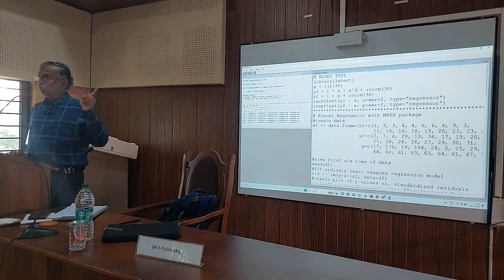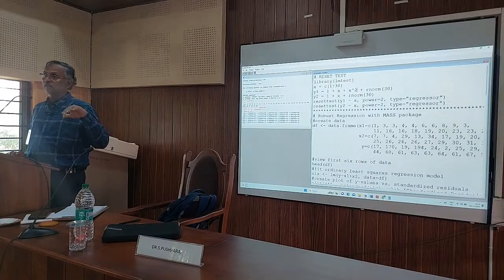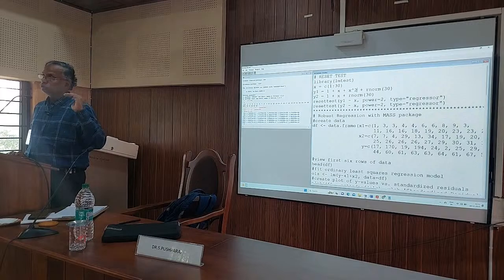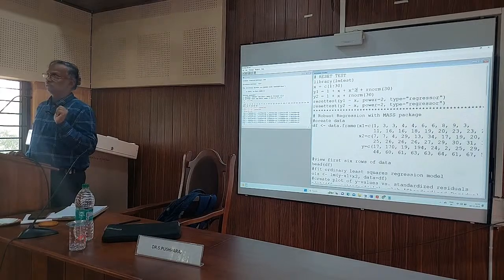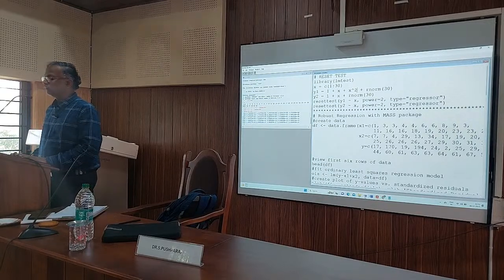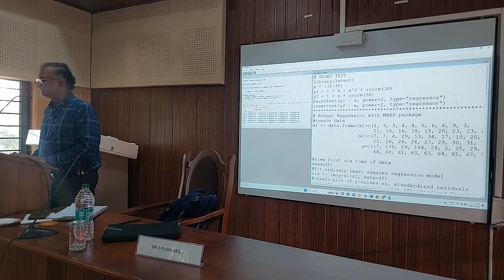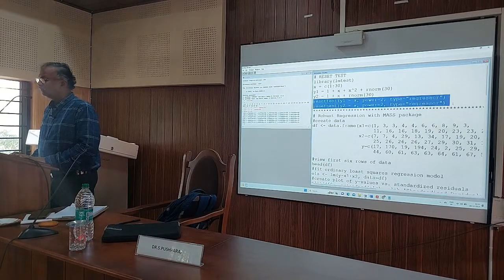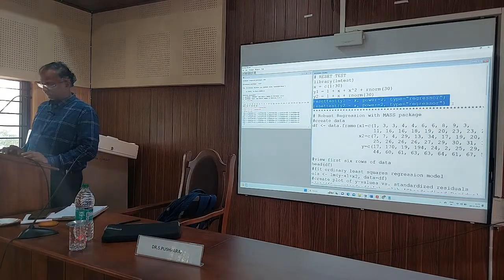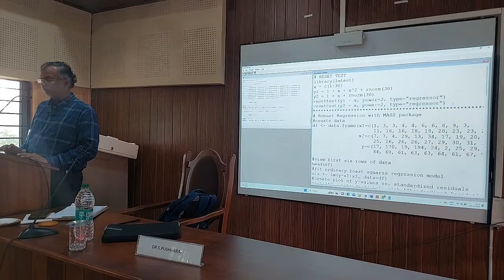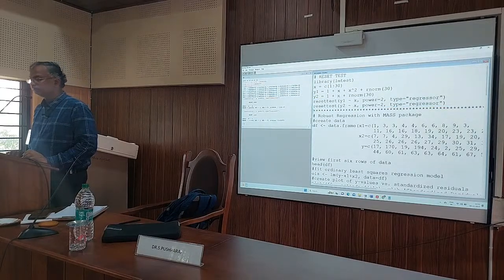So the y1 model is misspecified and the y2 model is correctly specified. We can check the reset test values for both, right? Now we'll run the model. We'll run the reset test, which is available in the lmtest package. Just look at this.